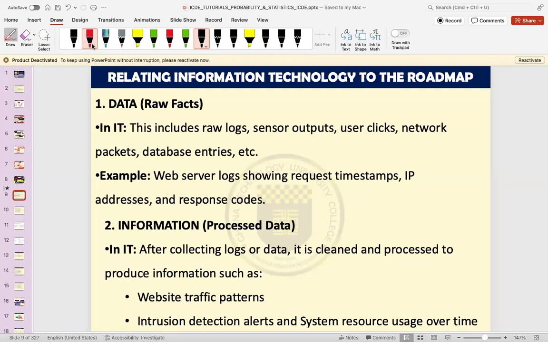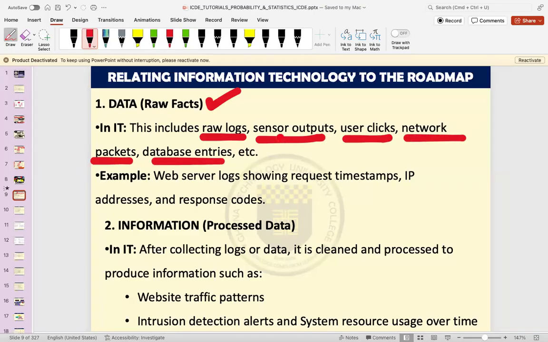All right, so in IT, what are raw facts? In IT, anytime you have raw logs, sensor outputs, user clicks, network packets, database entries, all these are raw facts. So they represent data.